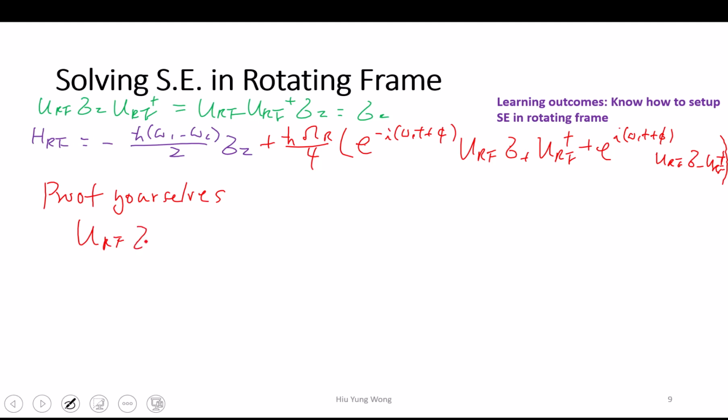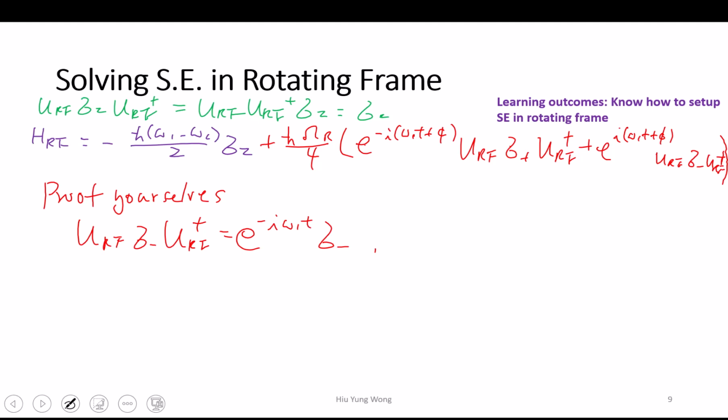URF sigma minus URF dagger equals e to the power negative I omega 1t sigma minus. Okay?